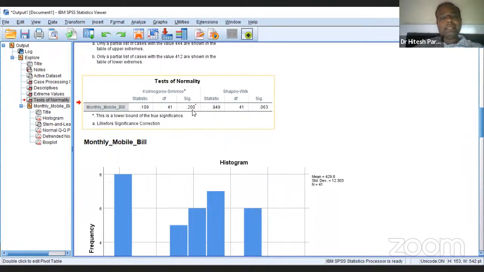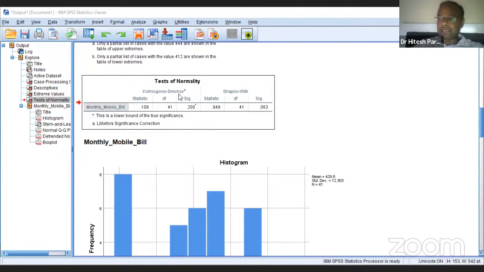Now Sig, significance, is the p-value. What p-value are we observing? 0.20 for the KS test and 0.063 for the Shapiro-Wilk test, right? And both p-values are greater than 0.05. Now I forgot to mention, what is the null hypothesis? The statement of the null hypothesis, written exclusively for the test of normality, is: the distribution is normal.